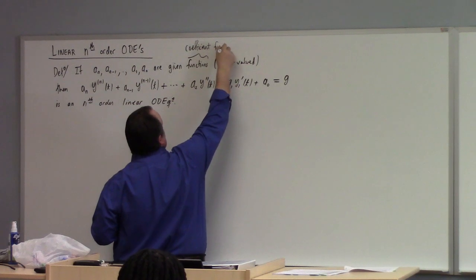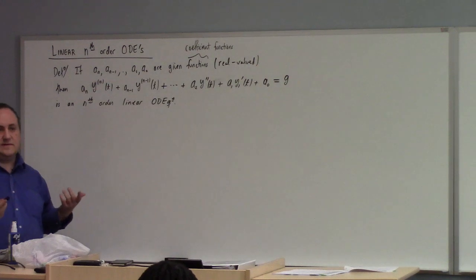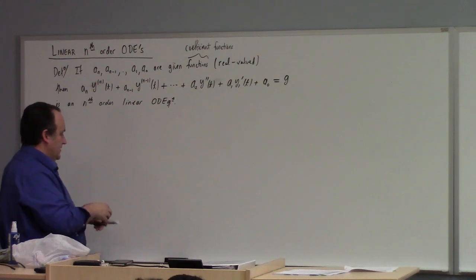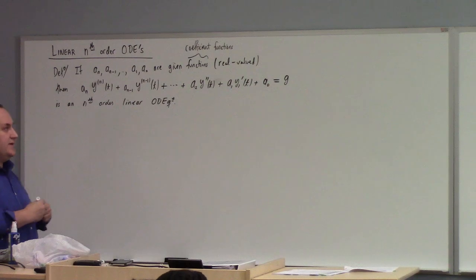Now, a lot of times, the coefficient functions will just be constants. In that case, if all the coefficient functions are constant, it's called the constant coefficient linear ODE, right? We know the most about that. Now, I've written it for the independent variable being t, right?